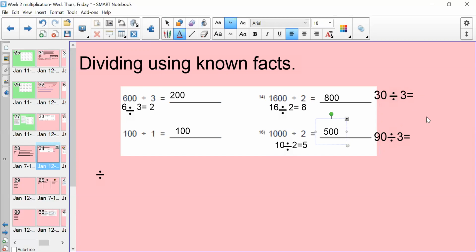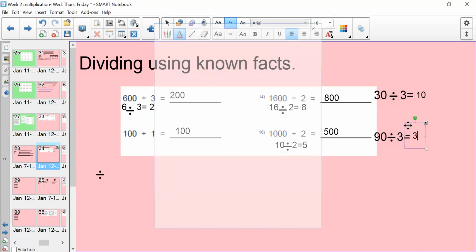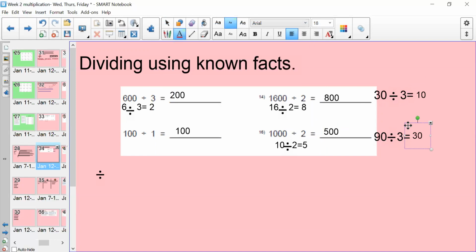Okay, and in the last two over here, we know that 3 divided by 3 is 1, so 30 divided by 3 will equal 10. And for this one, we know that 9 divided by 3 is 3. So therefore, 90 divided by 3 will be 30.